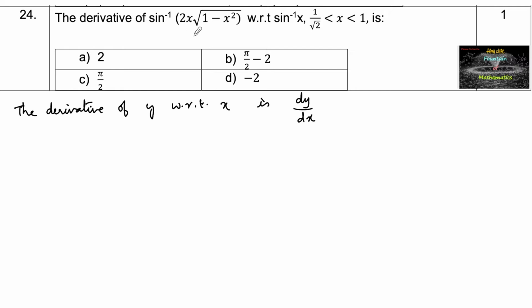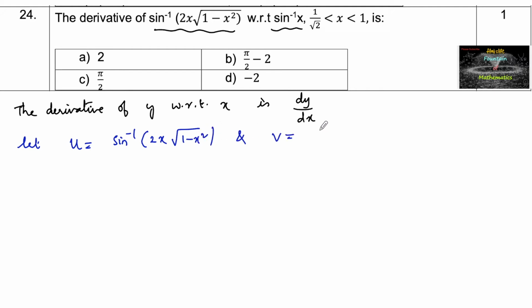So here we need the derivative of sine inverse of 2x times root over 1 minus x square with respect to the other function sine inverse x. For our convenience, let us consider u is equal to sine inverse of 2x root over 1 minus x square, and v is equal to sine inverse x.